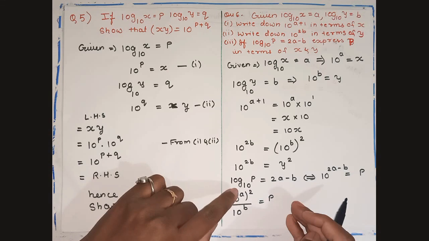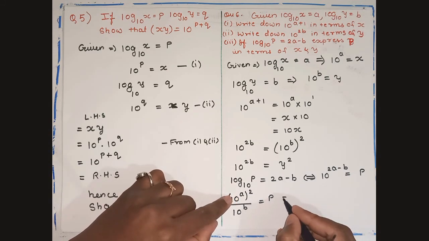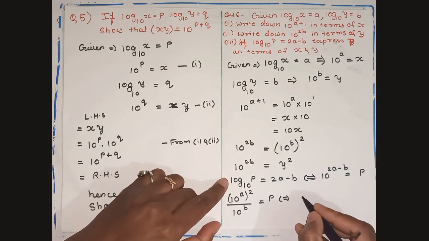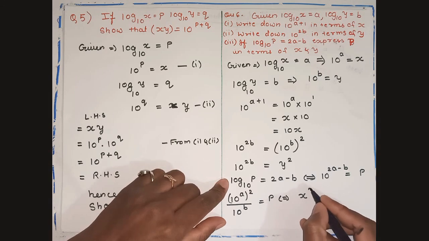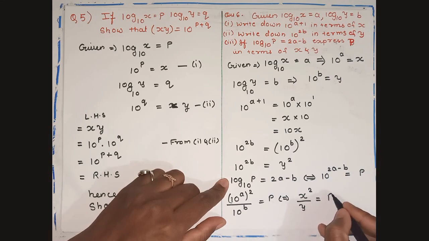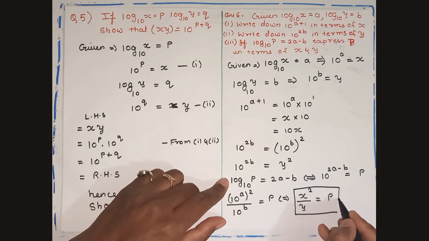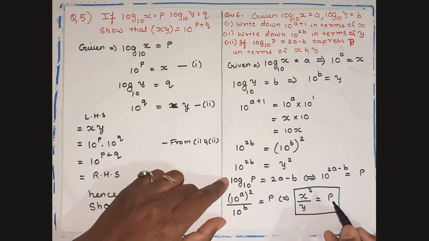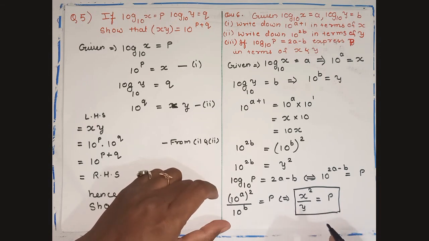Now 10 to the power a means x, so x square, and 10 to the power b means y. So x square upon y. So p is equal to x square upon y. So you have expressed p in terms of x and y.